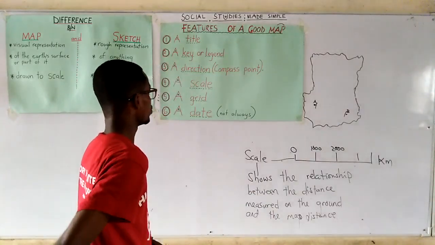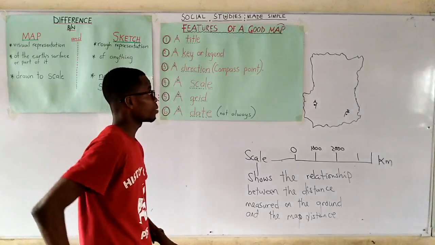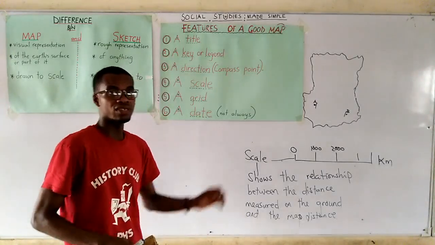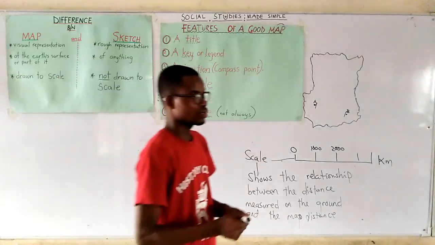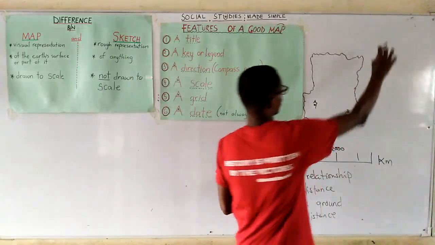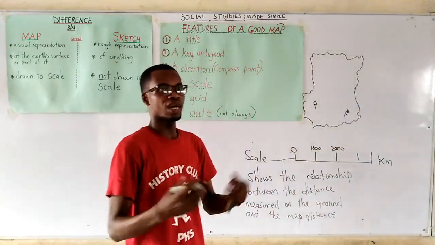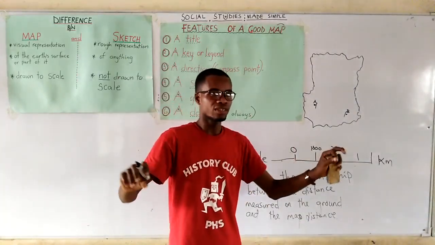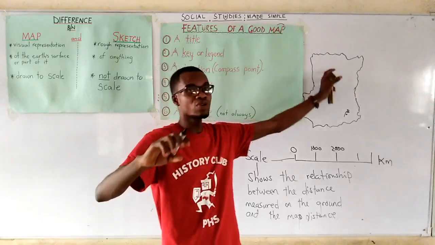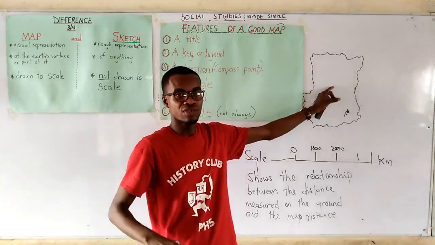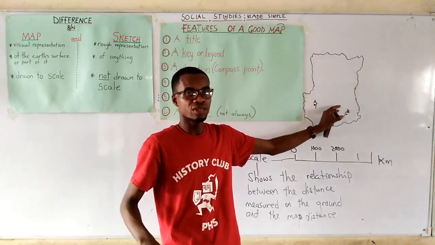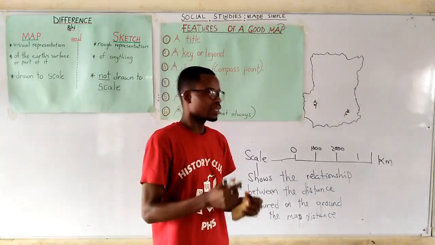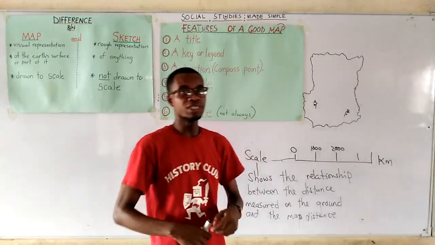Now, we look at the title of a map. If a map is a good map, one key feature you see is the title. The title, you always find it at the top. So if it is a political map of Ghana, it will be showing important towns, regional capitals, the main capital, and then other towns or maybe districts.